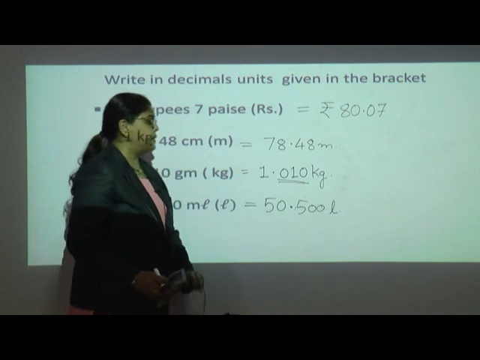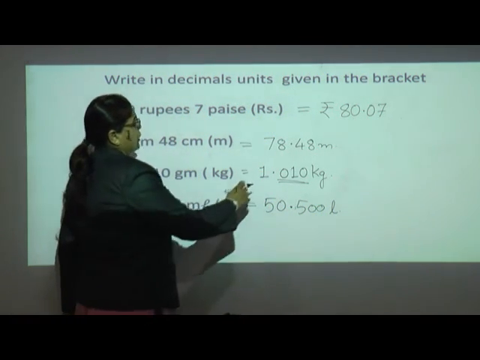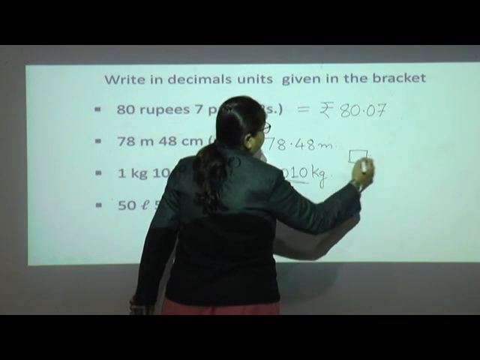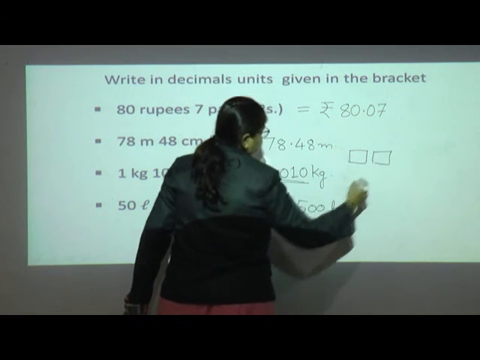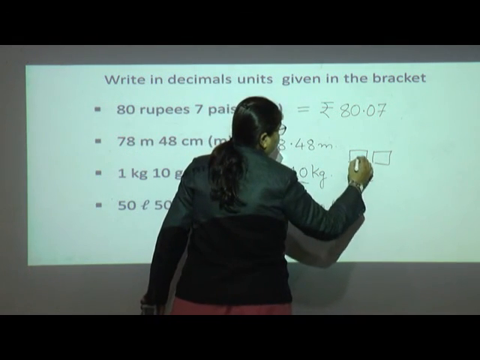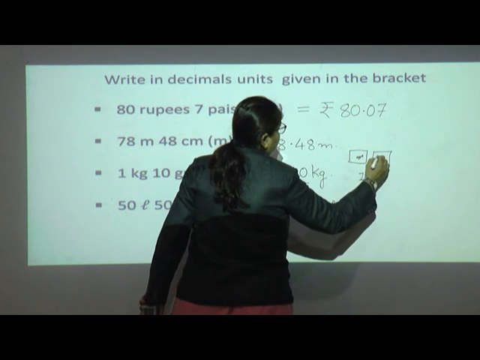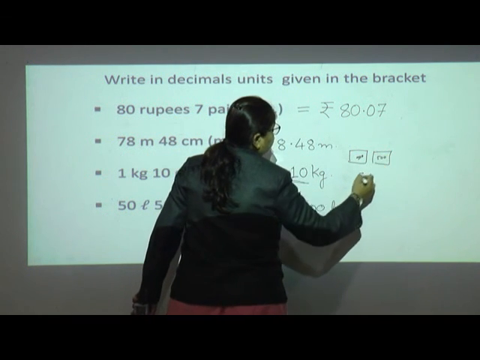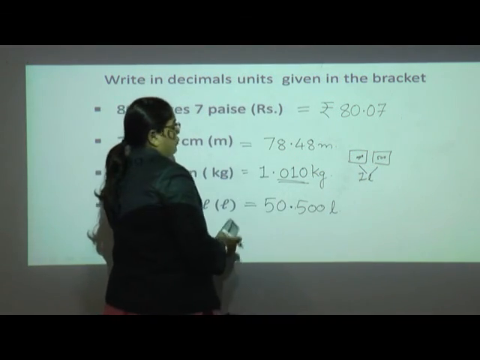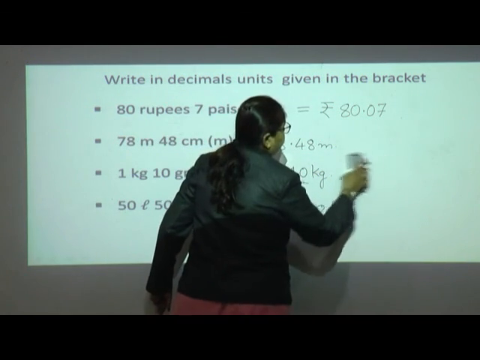Whenever we see packets of milk, we have small packets of 500 ml. Suppose we need 1 liter of milk, we take this 500 ml and this 500 ml, so it is 1000 ml, which is nothing but 1 liter. So we take 2 packets of 500 ml.